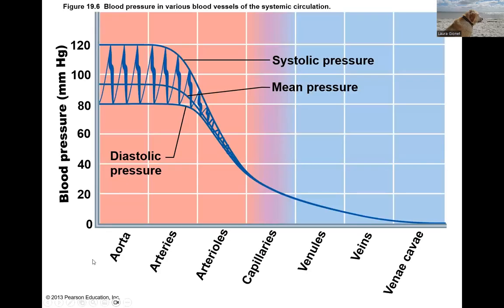So here, this is a handy graph that indicates the pressure. Where we're maximal, over on the left-hand side, this is in the aorta. As it travels farther away to the arteries, arterioles, and capillaries, the pressure significantly drops. And it's the lowest in the vena cava as it enters the right atrium. I think that's a question somewhere.